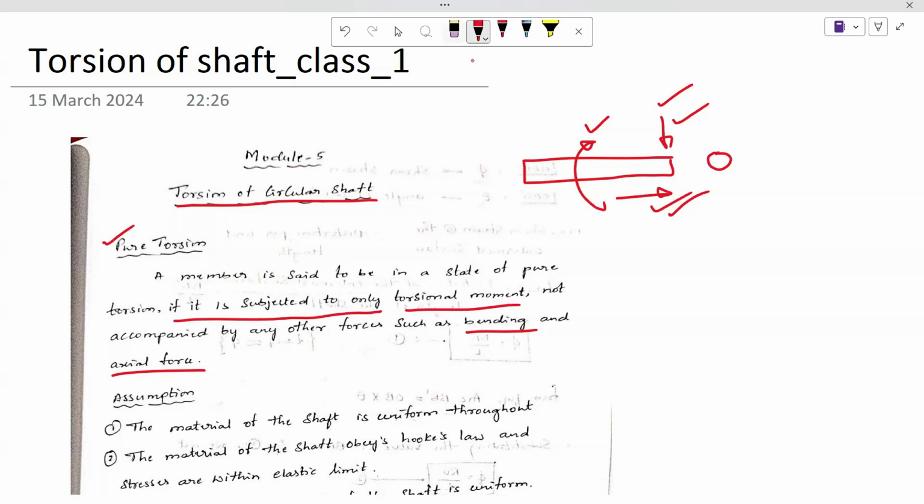So we are not having any of these forces, we are having only this torsional force. Because of this, the shaft is going to twist. That is nothing but pure torsion. That means if a member is subjected to only torsional moment, then we can say the member is in pure torsion.